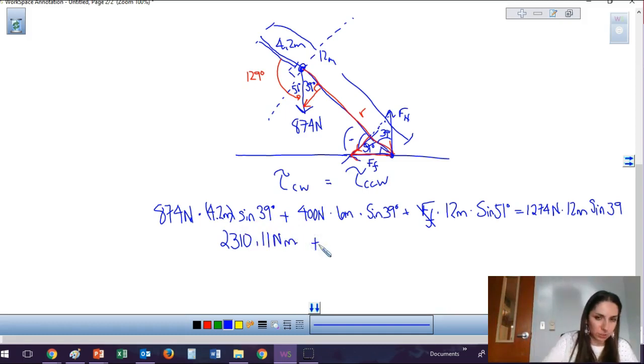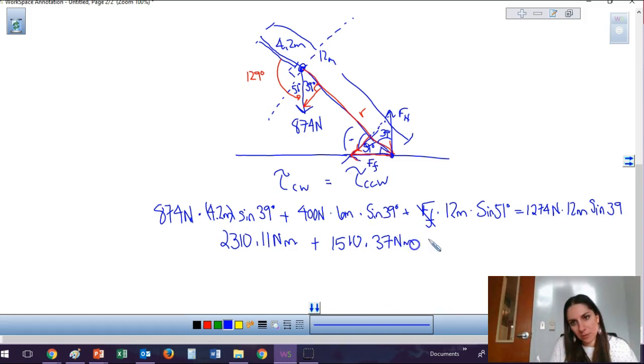Plus, let's do the next section, 400 times 6 times sine 39, which gives me 1510.37, plus 12 times sine 51 times the force of friction times 9.33.